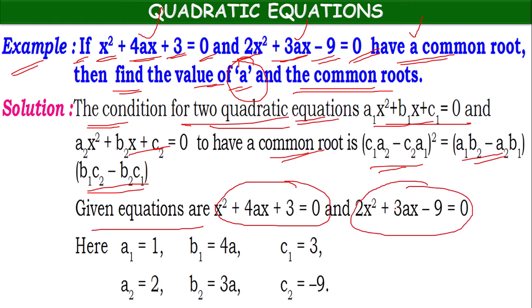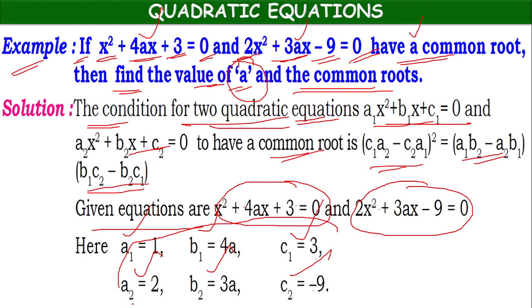If this is a1x square plus b1x plus c1, then a1 equal to 1, b1 equal to 4a, c1 equal to 3. In the same way, we can have the values of a2, b2, c2.